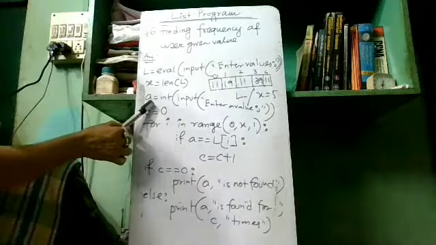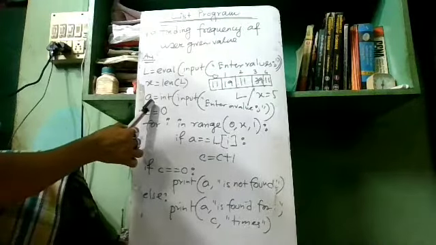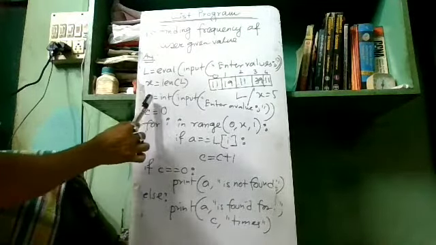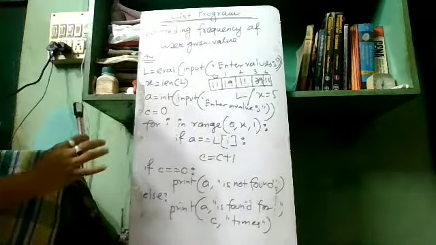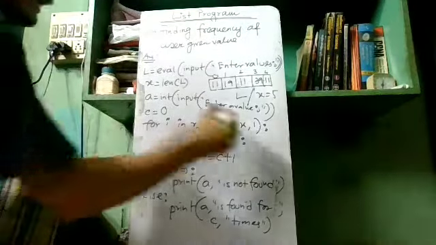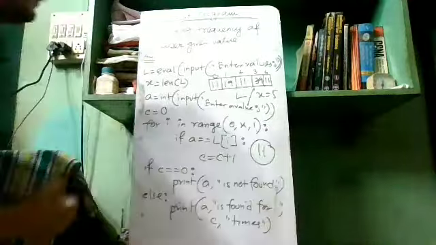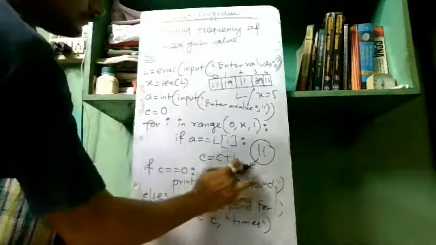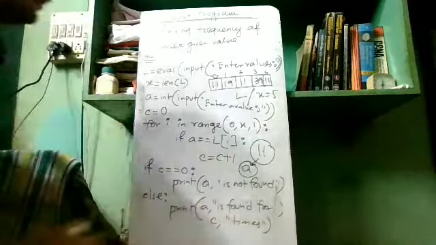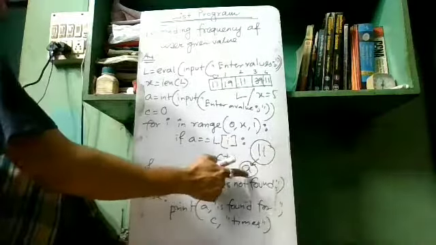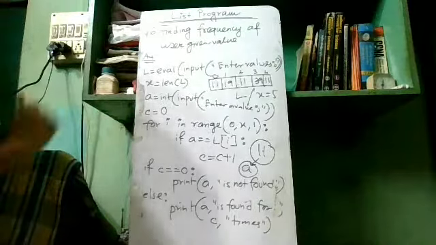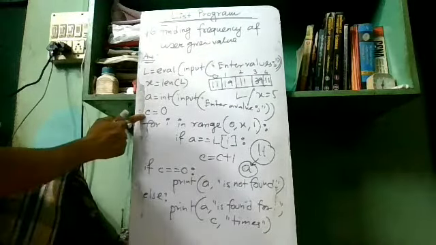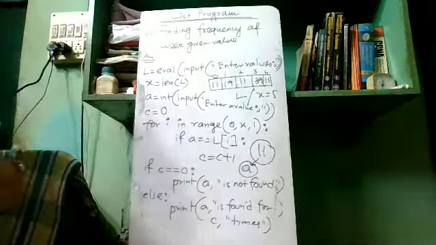We are requesting user to give a value whose frequency will be counted. Suppose user is giving 11. This 11 user is giving into A. So A contains 11. C is a variable which will count how many times 11 is there in the list.